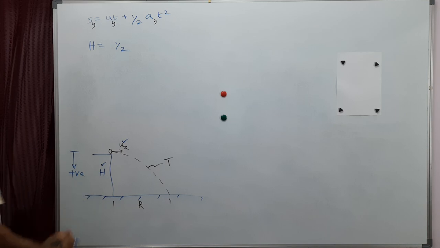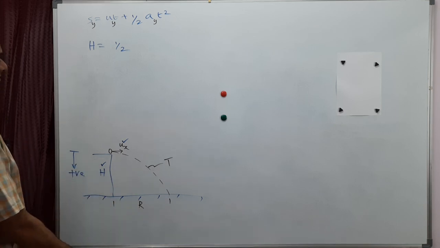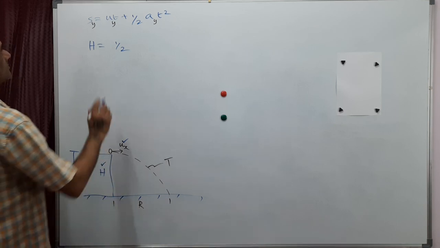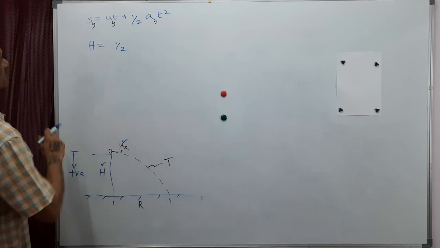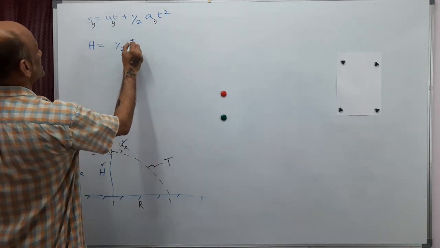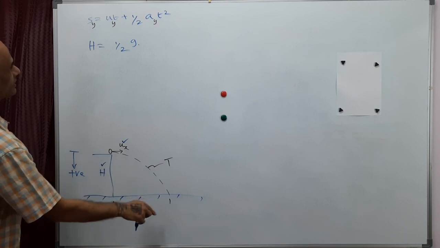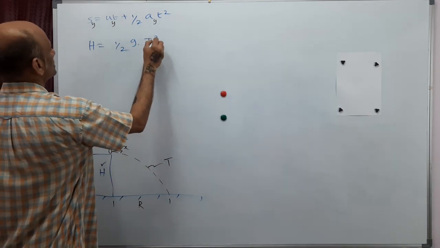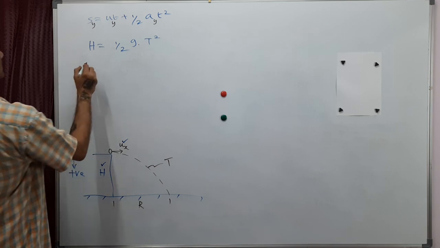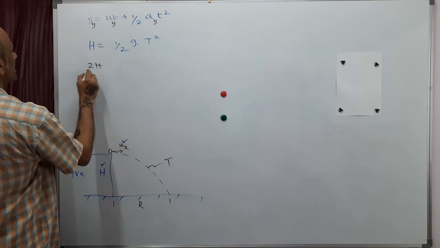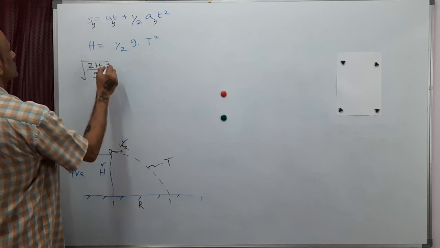That will be more convenient because displacement is downwards, acceleration is downwards. So between these 2 points, the displacement is plus h, half, acceleration is g, and then the time to go from here to here is the flight time, t square. So from this I'll get the result. The flight time is square root of 2h by g.